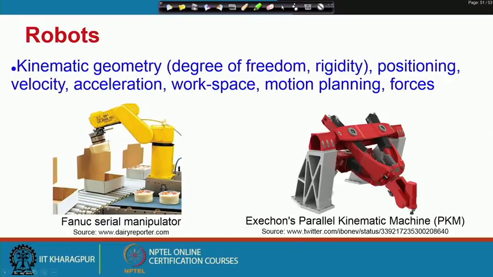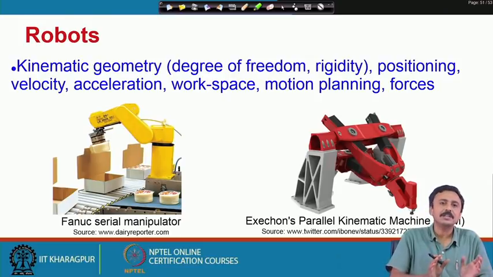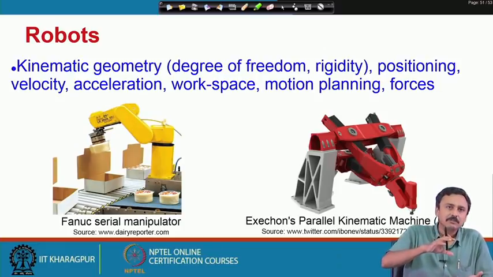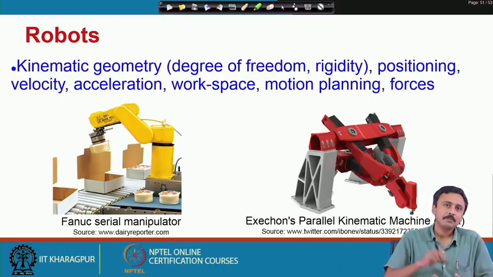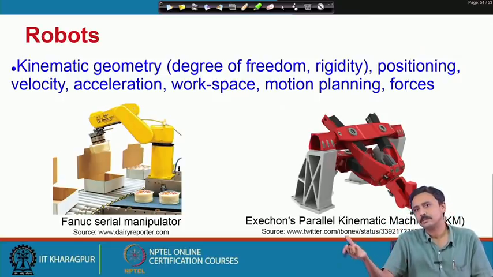Now, what are the issues related to robots? What kind of kinematic geometry, what kind of structure you should have for doing a certain kind of task. For example, in this serial manipulator, which is just packaging some dairy products, possibly the requirements of motion will be limited. It will pick up something from the conveyor and pack it, put it in a box. But the parallel kinematic machine might have to generate very complicated motion profiles to machine, let us say, a channel on a workpiece. So, you require many degrees of freedom for this parallel kinematic machine in order to be useful.